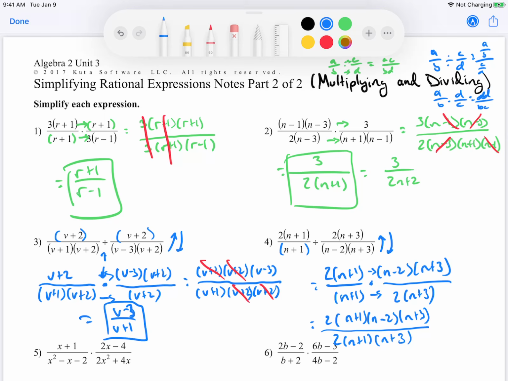Okay. And so now I'm going to cancel out everything that I can. Those 2's are gone, those n plus 1's are gone, and the n plus 3's are gone. And so what I'm left with all by itself is just n minus 2. And that's how we can multiply and divide rational expressions.